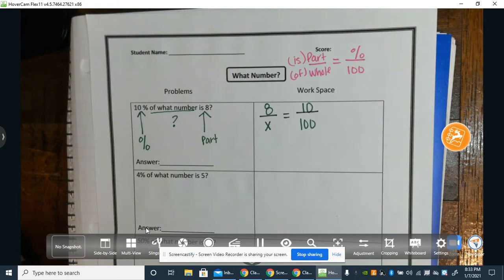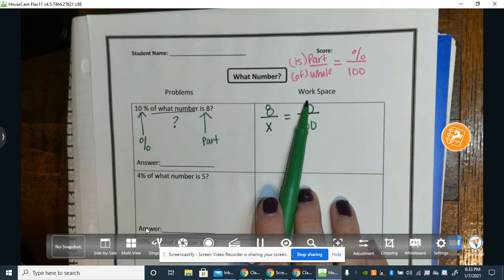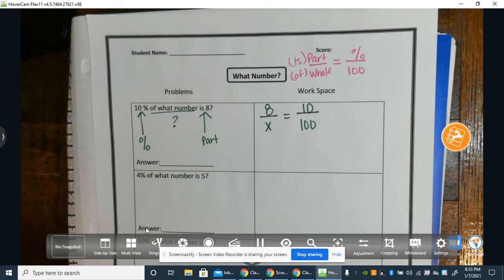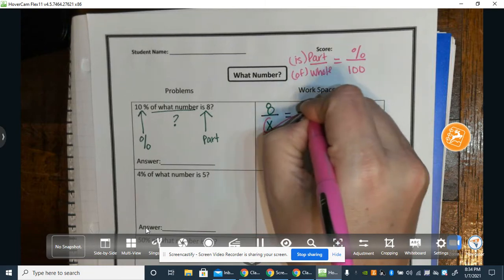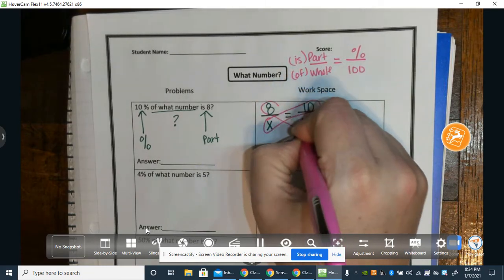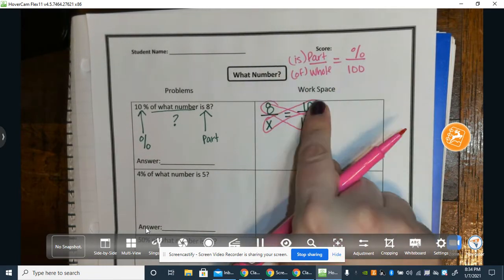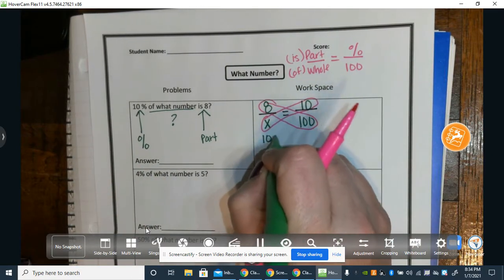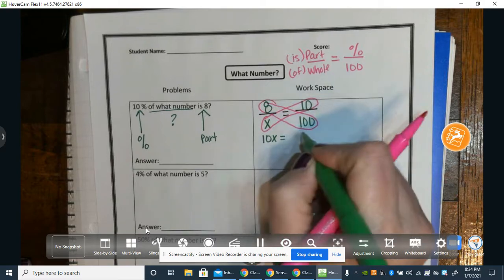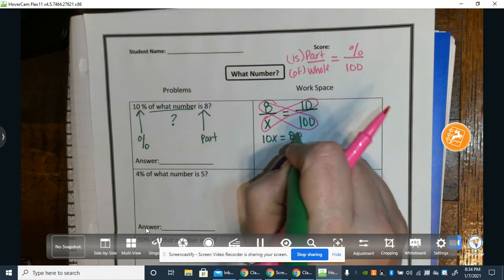Now, we can do this two ways. So let's first do, well, 8 can't be multiplied into 10, so let's cross multiply and divide and see if we can get it. So if I cross multiply, 10 times x gives me 10x is equal to 8 times 100, which is 800.